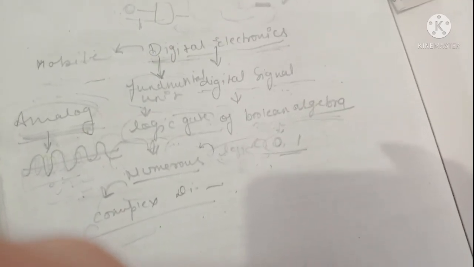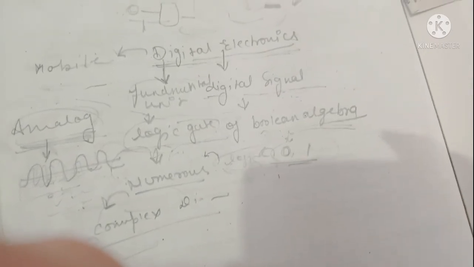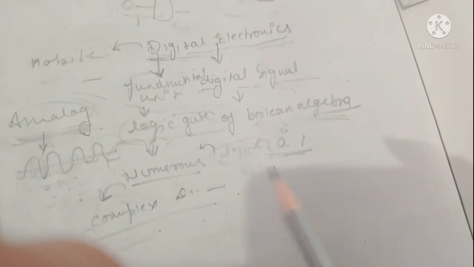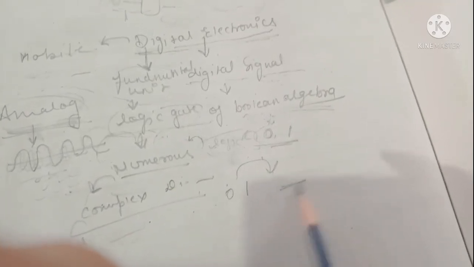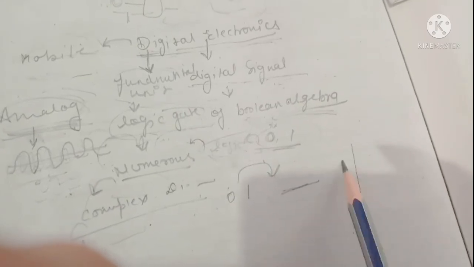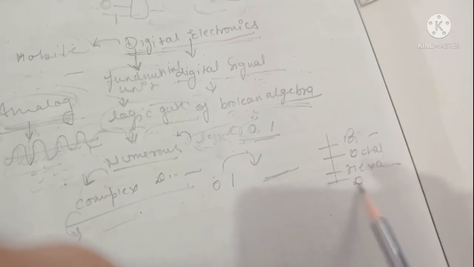Now coming to the number system. If all this happens behind the mobile to calculate or perform some operation, a conversion always happens. If there is a Boolean number 0 and 1, it has to be changed into some other number system as well, because in our course there are number systems. The first one is the binary number system, second is the octal number system, then the hexadecimal number system, and the decimal number system.